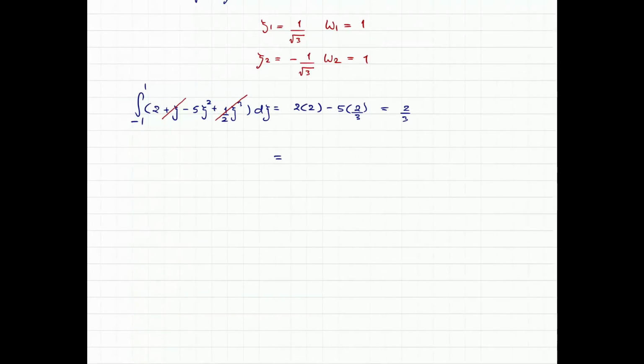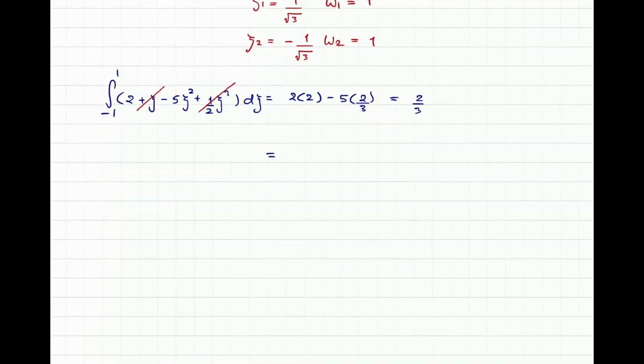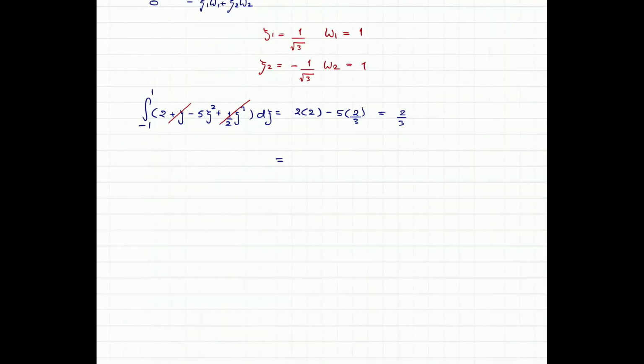Now we carry out the numerical integration. So you have f evaluated at the points, multiplied by the weight, which is equal to 1, added up.